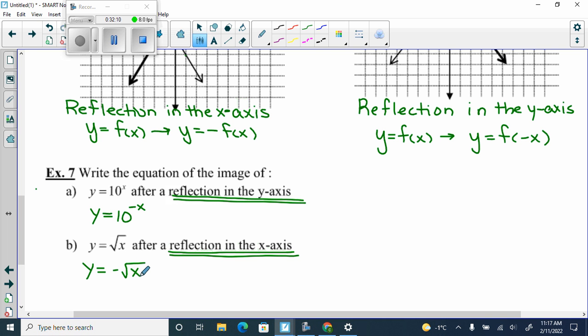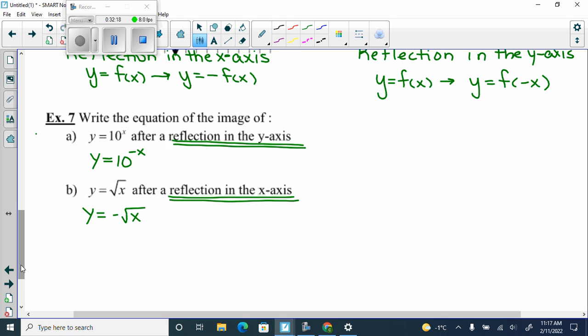So this is half of 1.2. So it's page 28. Number 3, 4.